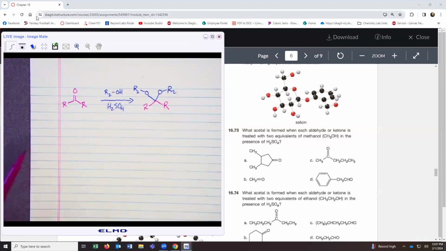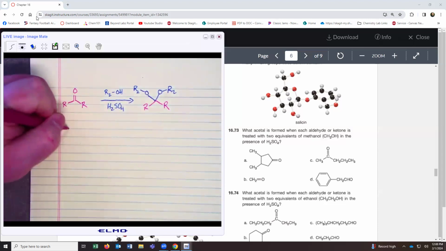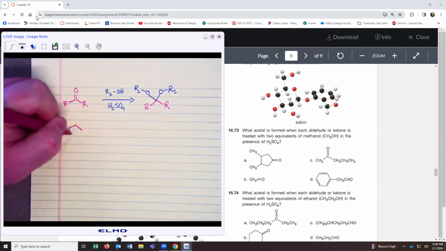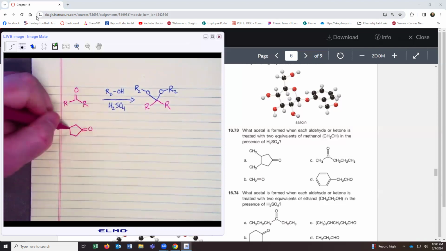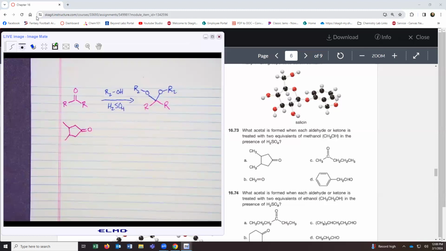Now, let's draw the same thing here. In each of our cases for this problem, the alcohol that we're using is methanol, a one carbon alcohol. All right. So our first ketone looks like this.